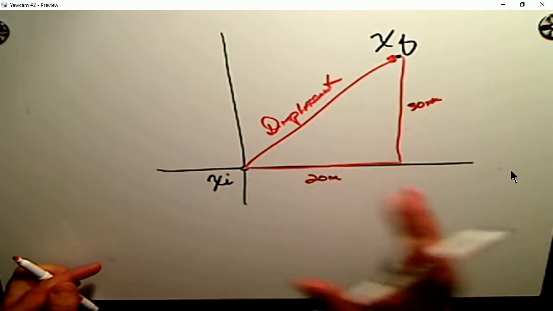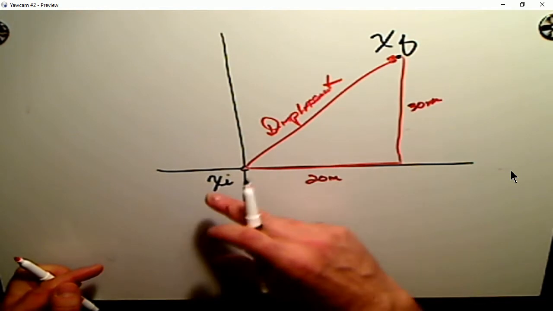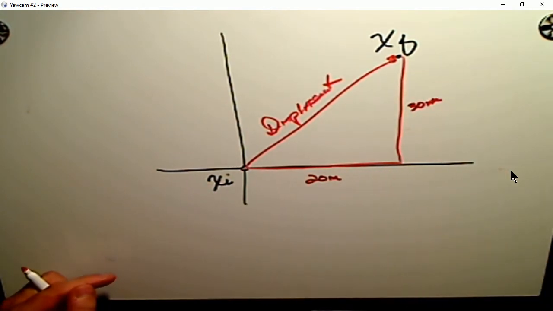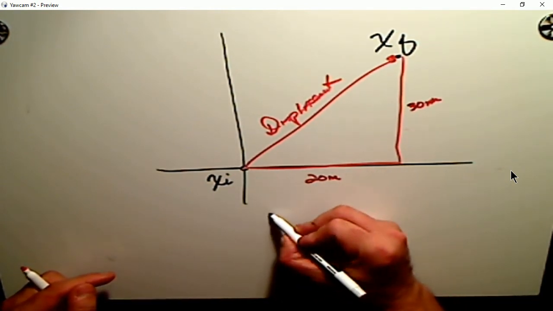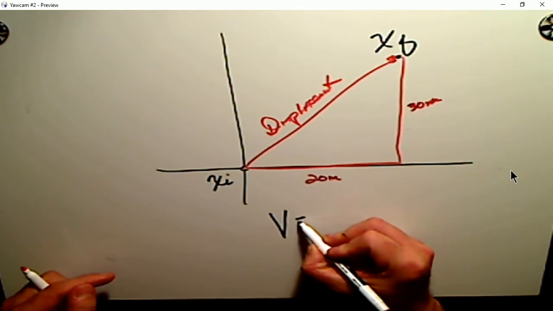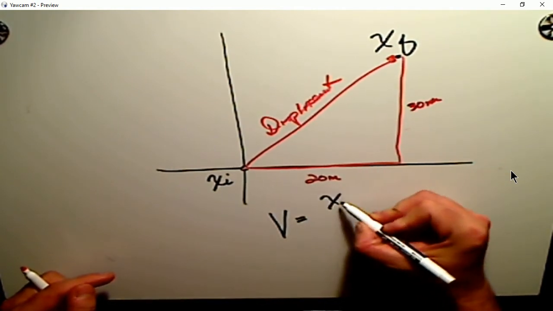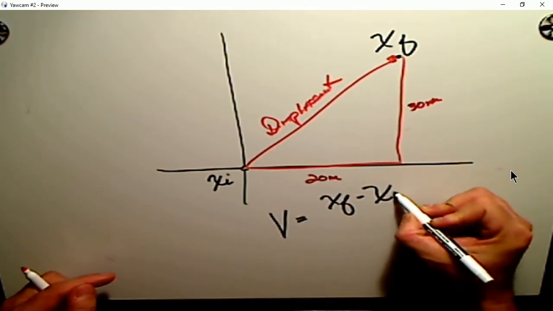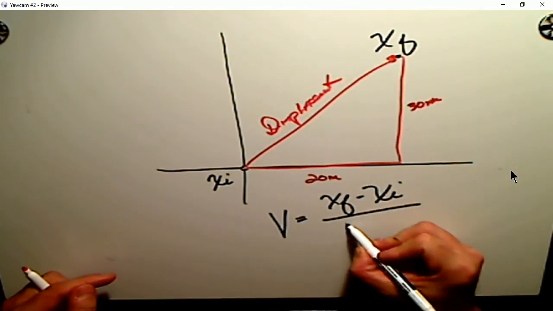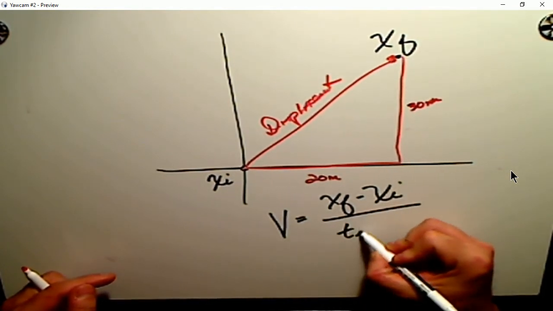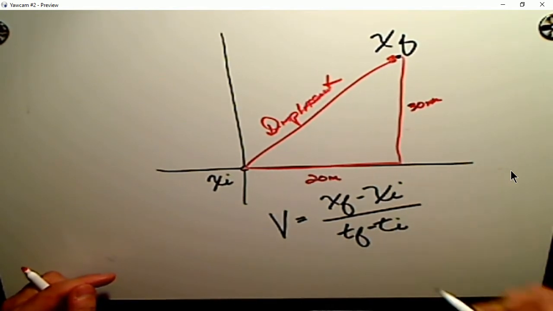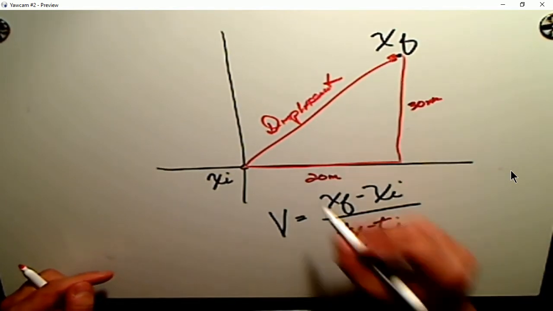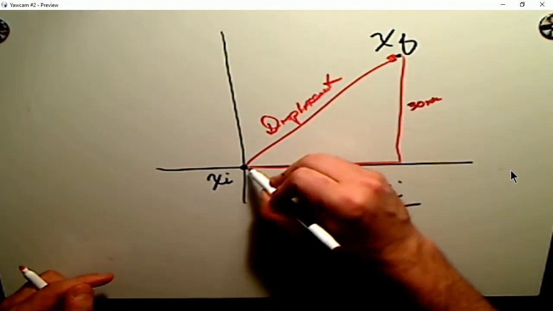Some books use S for that, but we're going to use X, whether I'm talking about 2 dimensions, X and Y, or even the 3rd dimension with Z. Velocity being the change in X over the change in time. So this is my displacement here.